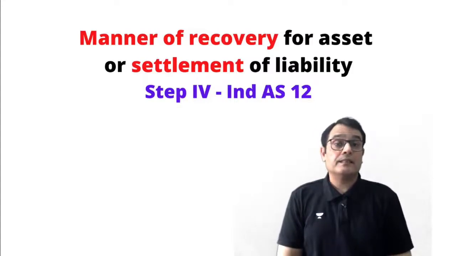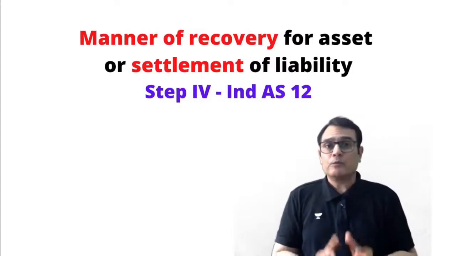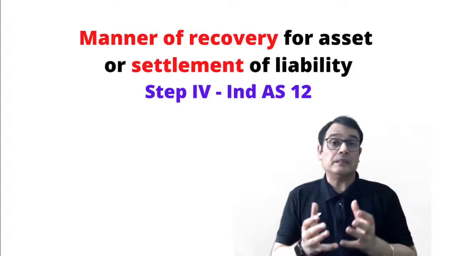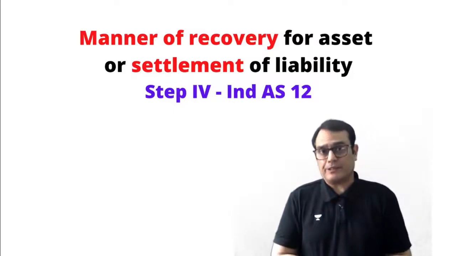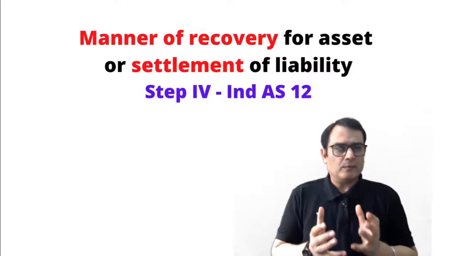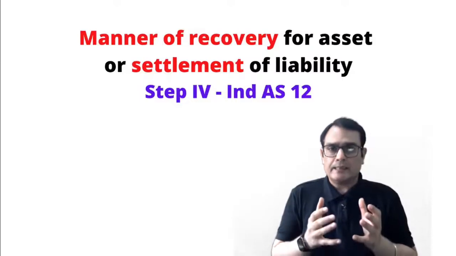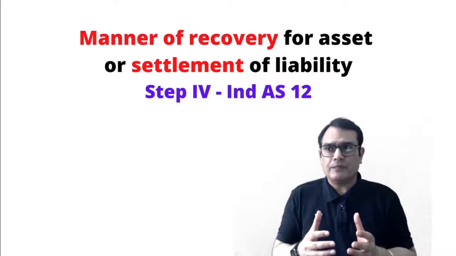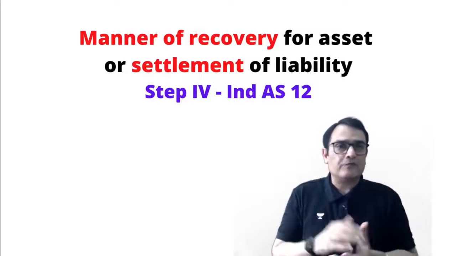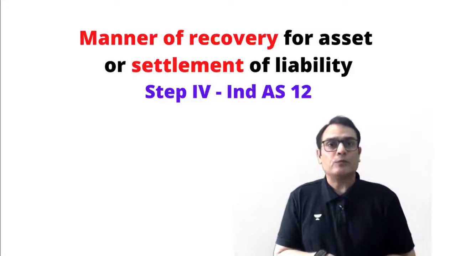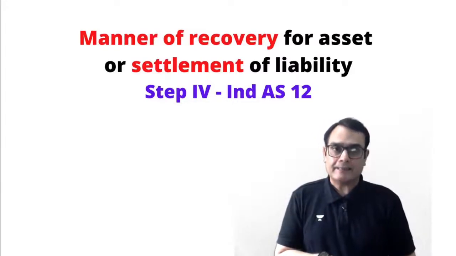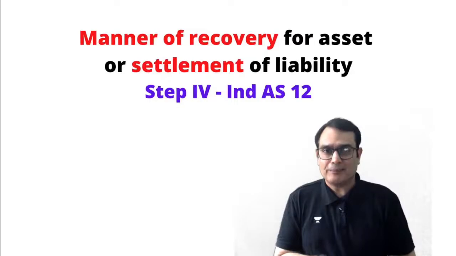And when you look at a PPE, the company would recover the carrying amount of the PPE by way of use of the asset in terms of production of goods and service. So let's take a very simple example to understand how the manner of recovery in which the economic benefits would arise would make an impact on the calculation of a DTA and a DTL. Let's find this out with an example.